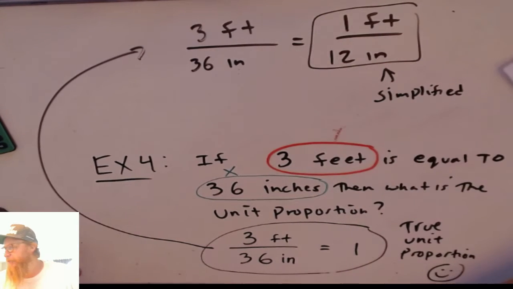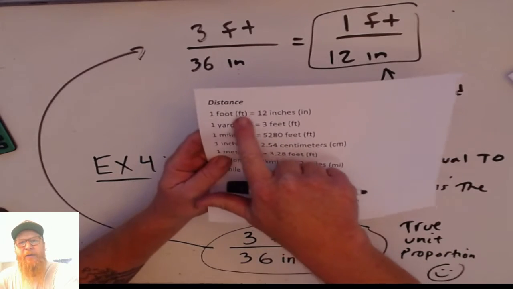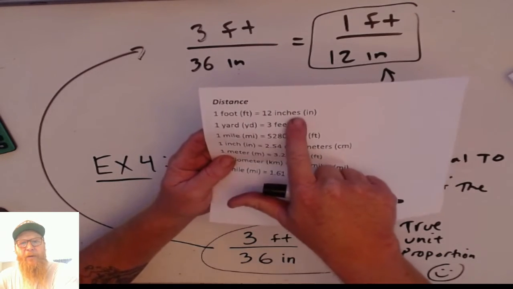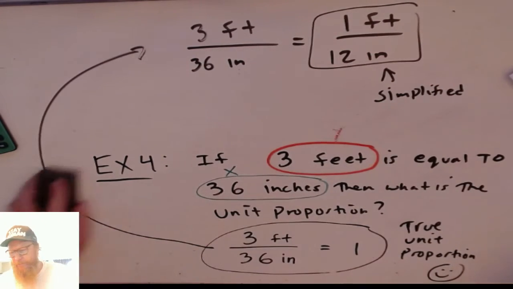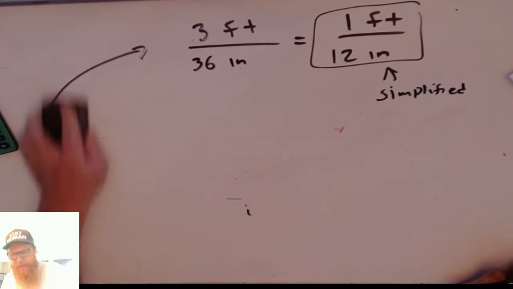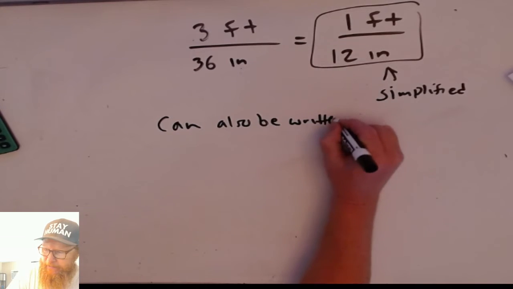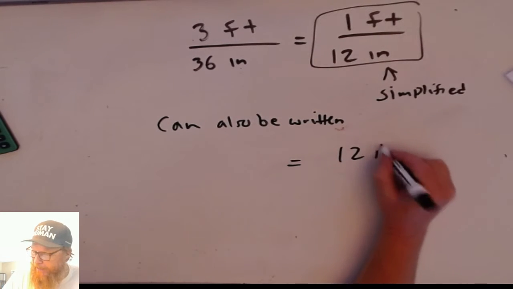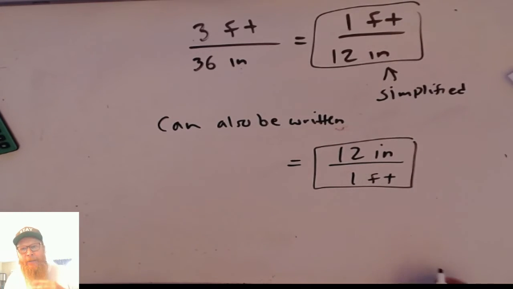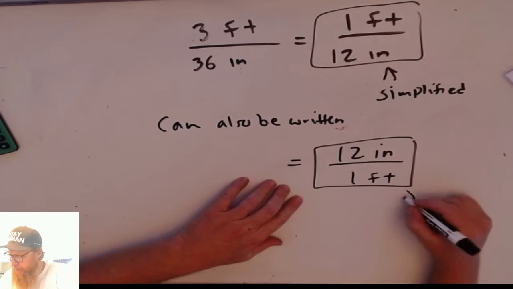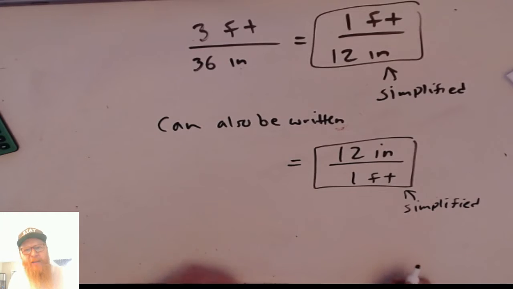So you get your very first unit conversion, which you probably learned in elementary school: 1 foot is 12 inches. It can also be written as 12 inches is 1 foot. These are both simplified, and they both equal 1.